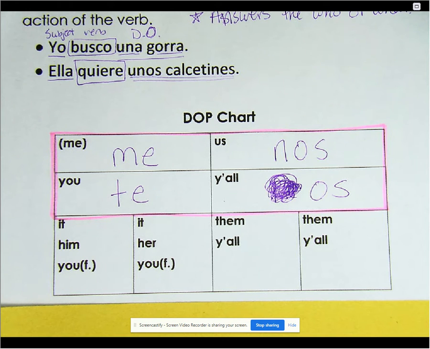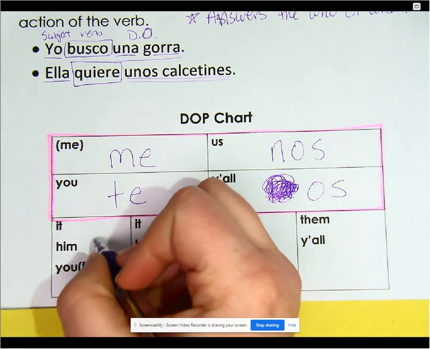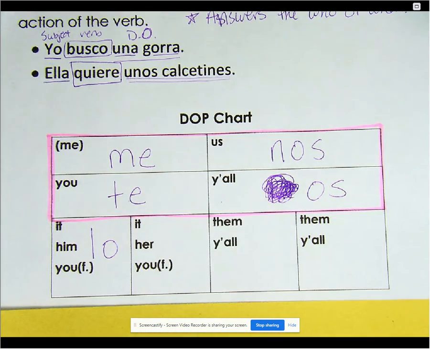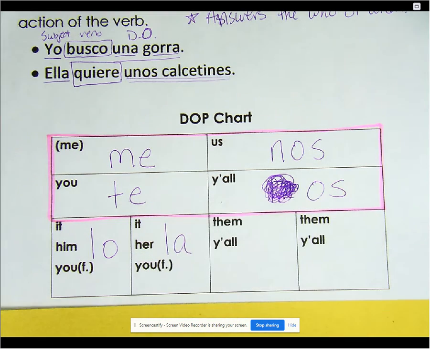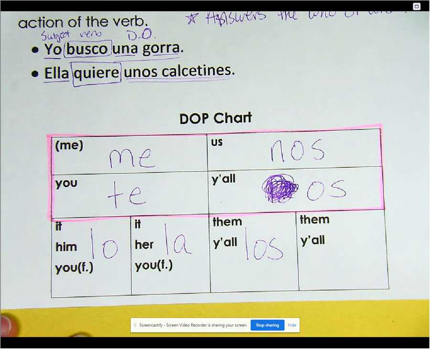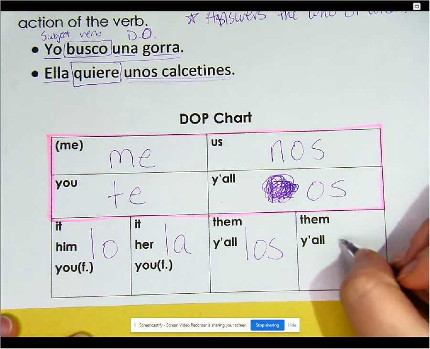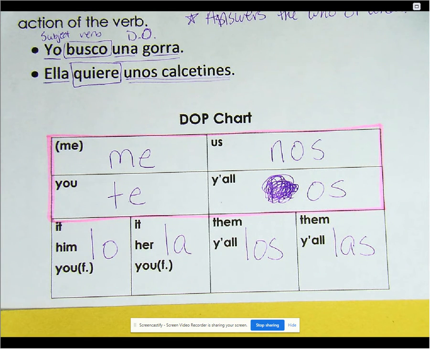So when we replace a noun, if it's masculine, we're going to replace that noun with lo. If it's feminine, we're going to replace it with la. If our direct object is plural, third person, and masculine, we're going to use los. If it's feminine, we're going to use las.